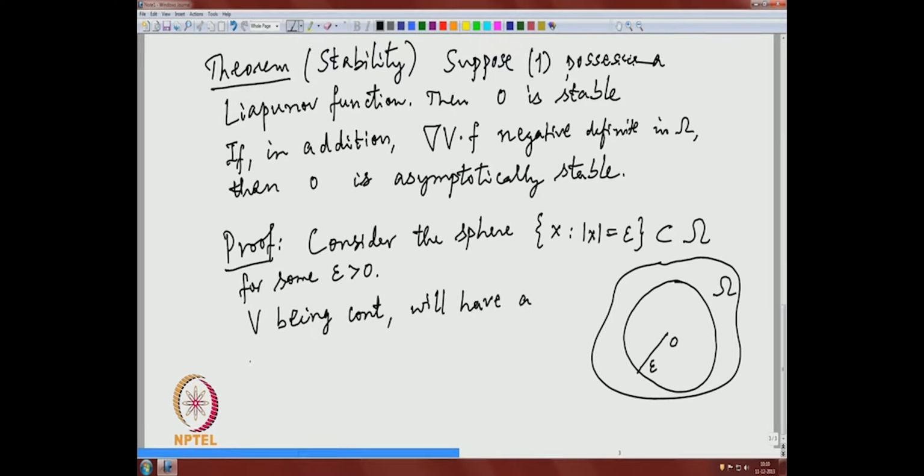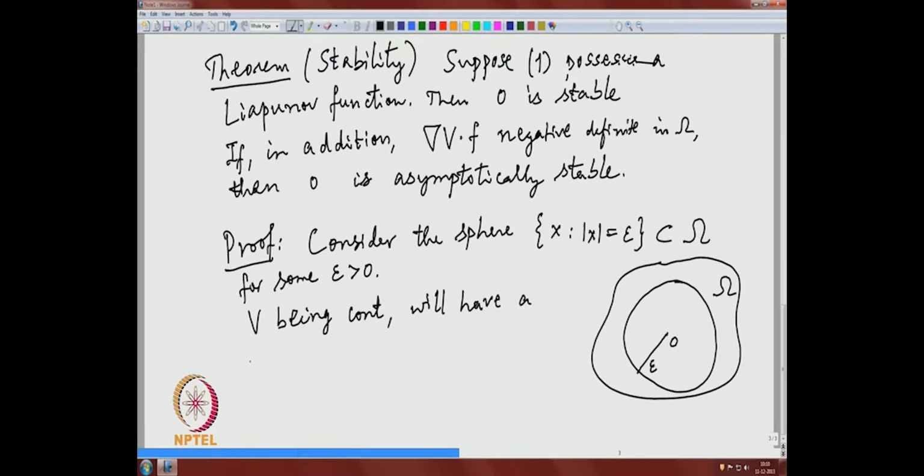This means that V of x is strictly less than M for all mod x equal to delta. Okay. So, let us go back to the previous page. So, delta will be somewhere here.